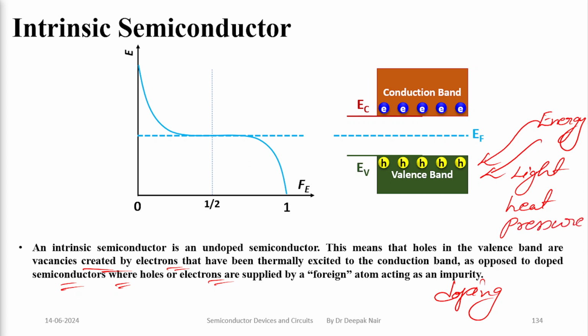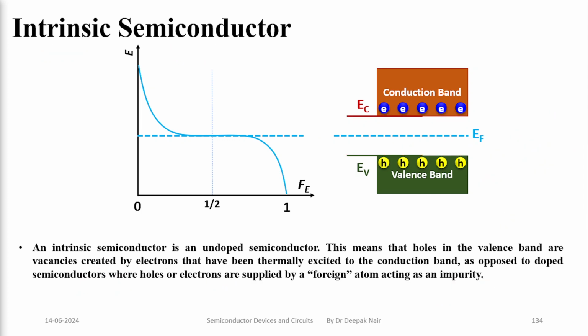As we keep on applying external energy, and if that external energy is greater than Eg, which is the energy band gap, the electrons will move to the conduction band, leaving behind holes in the valence band. The more electrons move to the conduction band, the more holes will be generated in the valence band. This is in the case of intrinsic semiconductors.